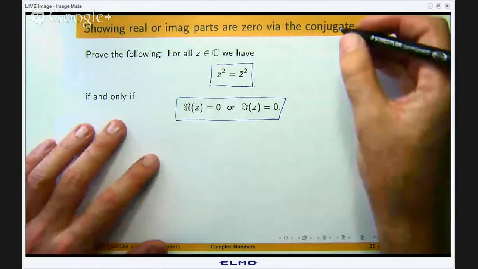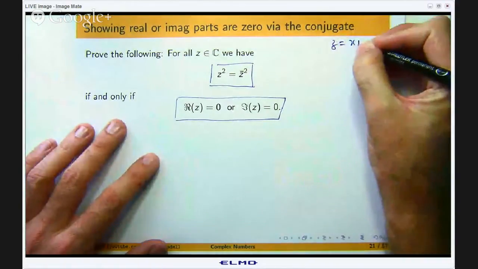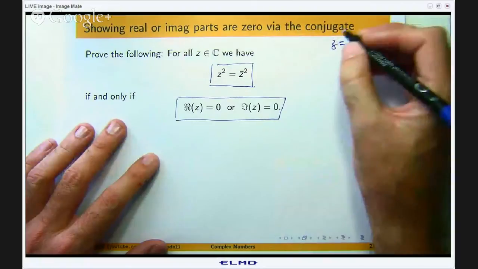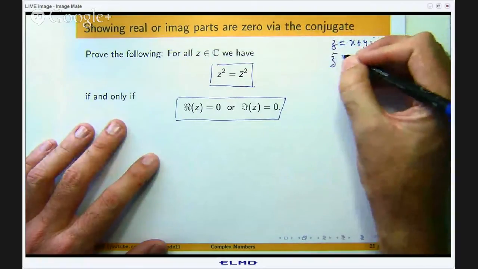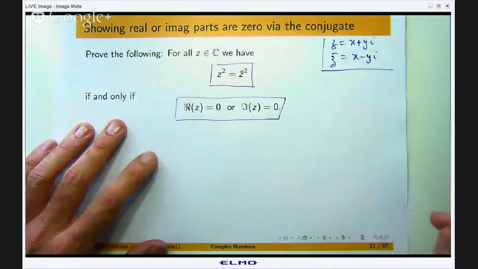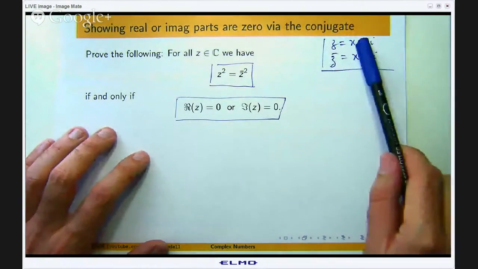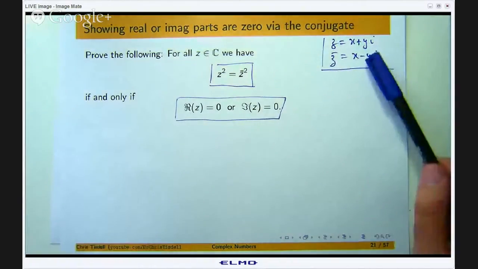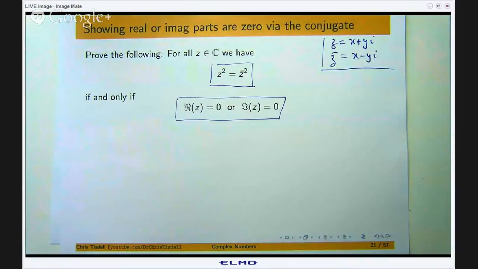Firstly, if say z is x plus yi, then the conjugate is x minus yi. And geometrically speaking, if you plot z in the complex plane, to get z bar you just reflect the point in the horizontal or real axis.